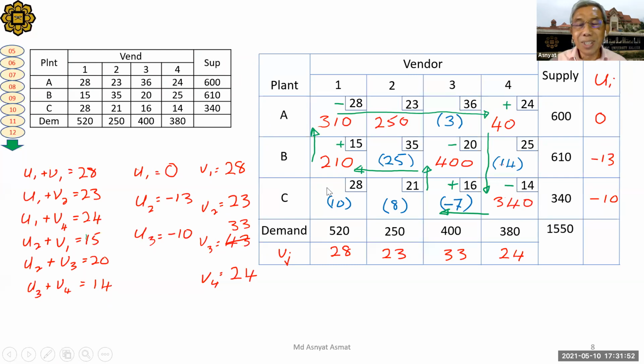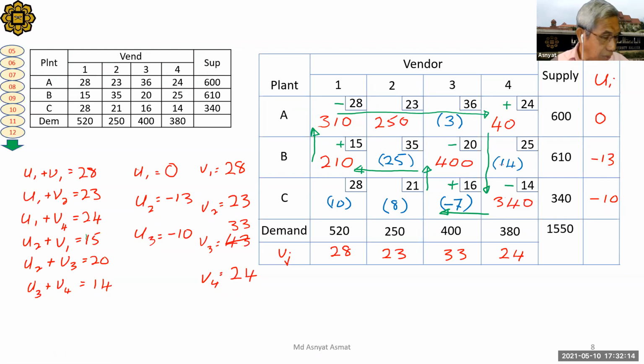Right? Now, how many units are we going to shift? Look at the negatives. We have 3 negatives here. We have 340 here, 400 here, 310 here.